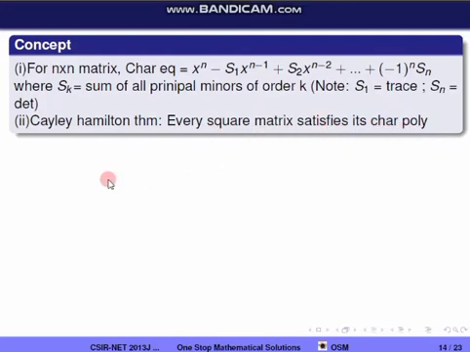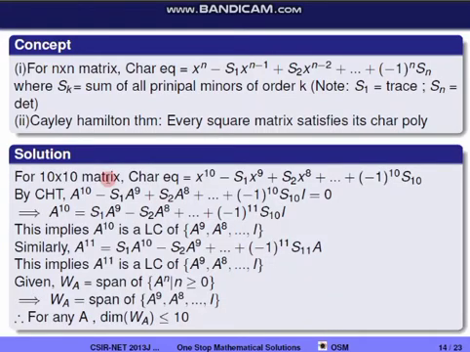Now we'll move on to the question. We have the vector space of 10 cross 10 matrices and WA is a subspace of that. So we'll write the characteristic equation using this formula. That is x^10 - s1 x^9 + s2 x^8 + etc. up to (-1)^10 s10. By the Cayley-Hamilton theorem, every square matrix satisfies its characteristic polynomial.